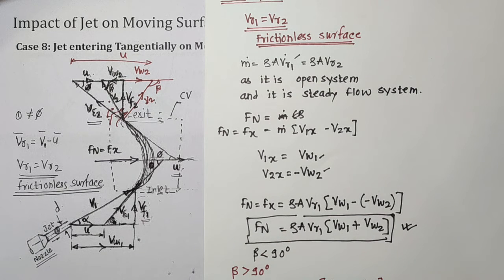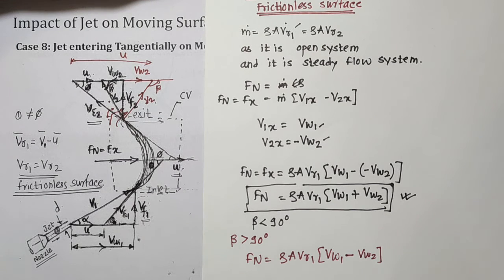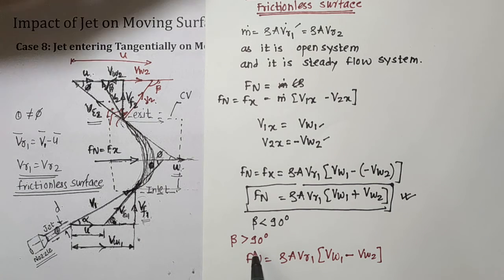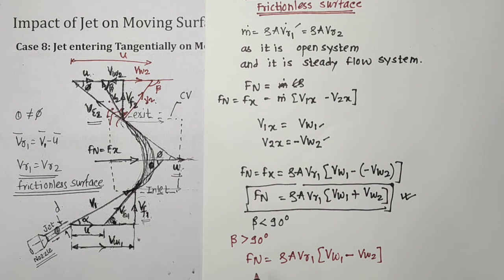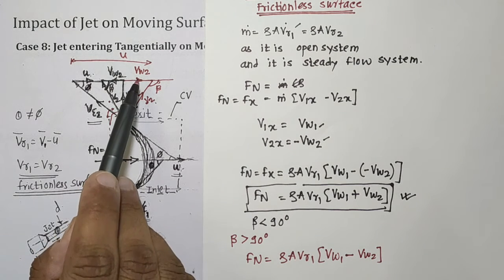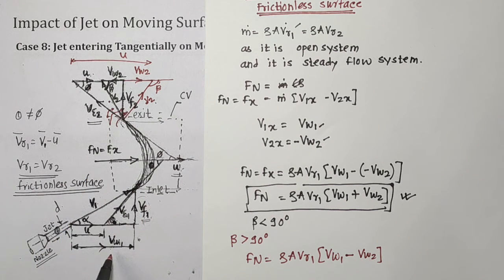If we are going to put that value in this equation, you will get, so beta is greater than 90 degree. At that time Fn will be like this, rho a vr1 in bracket vw1 minus vw2, because there is no any type of sign change. The sign of vw2 is similar to that of your vw1 as their directions are same.